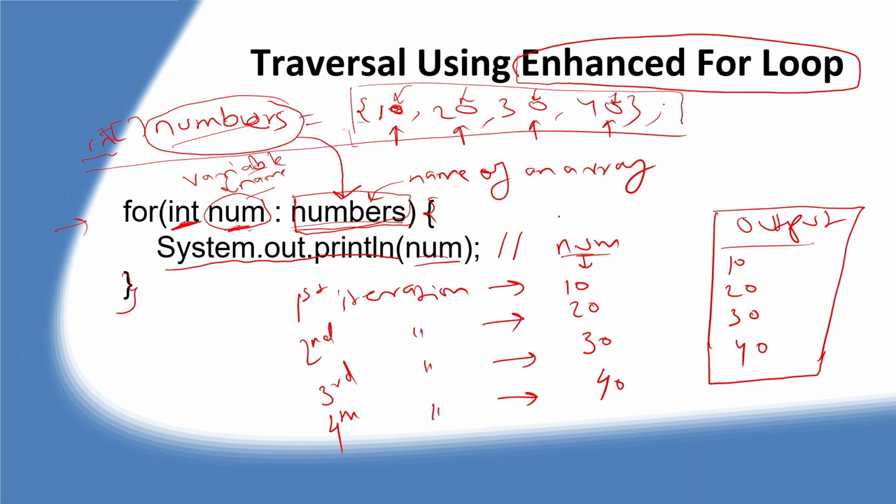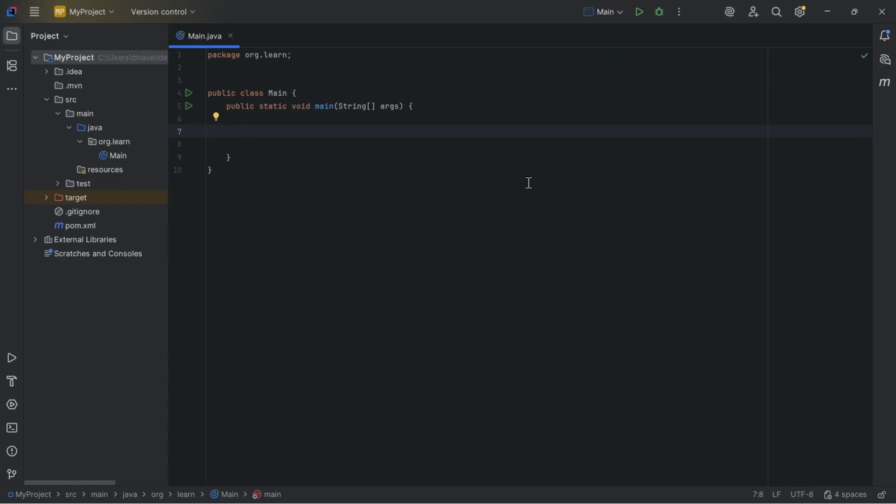So let's go to IntelliJ and see some examples of traversing the array. Let's take an example. Int array numbers equals 10, 20, 30, 40, 50.